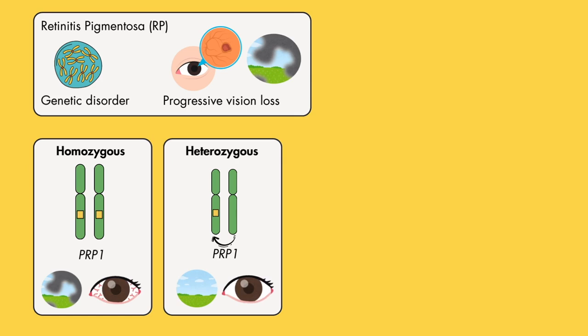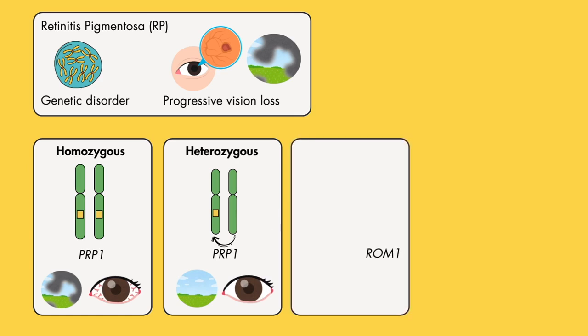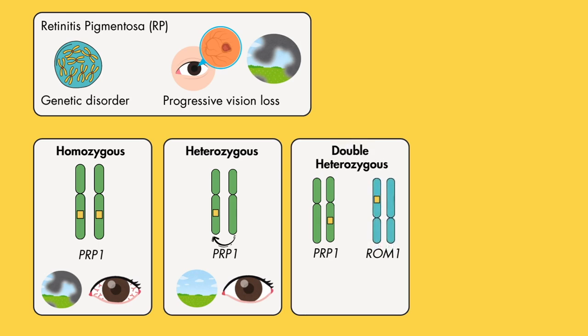However, things become a bit more complicated when a modifier gene called ROM1 interacts with the PRP1 gene. In this case, one mutated copy of PRP1 and one mutated copy of ROM1 together create a double heterozygous effect.